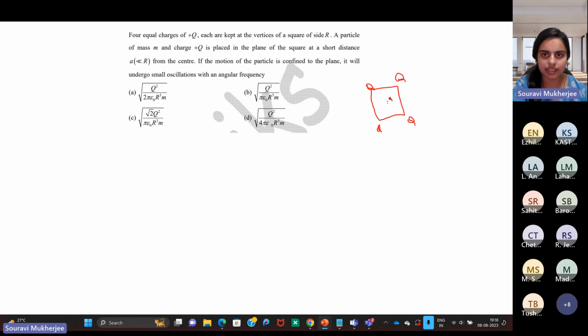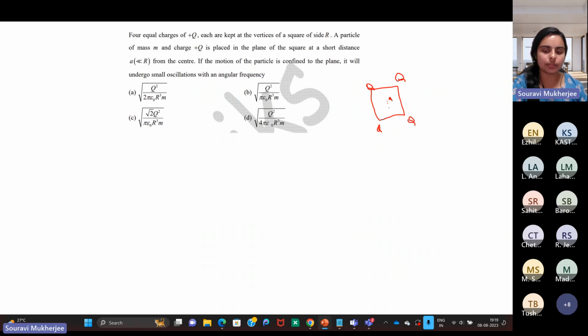You want to say what would happen now. There are these charges, so there would be forces from all the 4 charges, right? That would act on your field point, on this charge q. And you have to find the expression for that force. Now, this is your distance from the center, this is a, right?